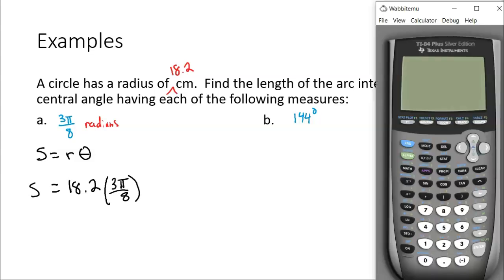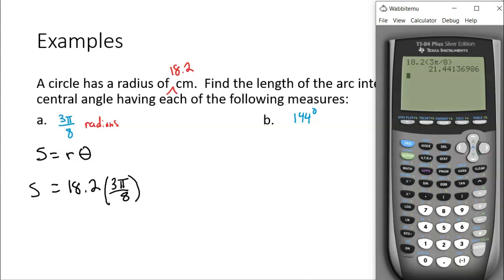We want to pull up our trusty calculator, turn it on, and type in exactly what we see. We're going to say 18.2, multiply that by 3 pi, so pi is right here, and then divide that by 8, close my parentheses, and press enter.